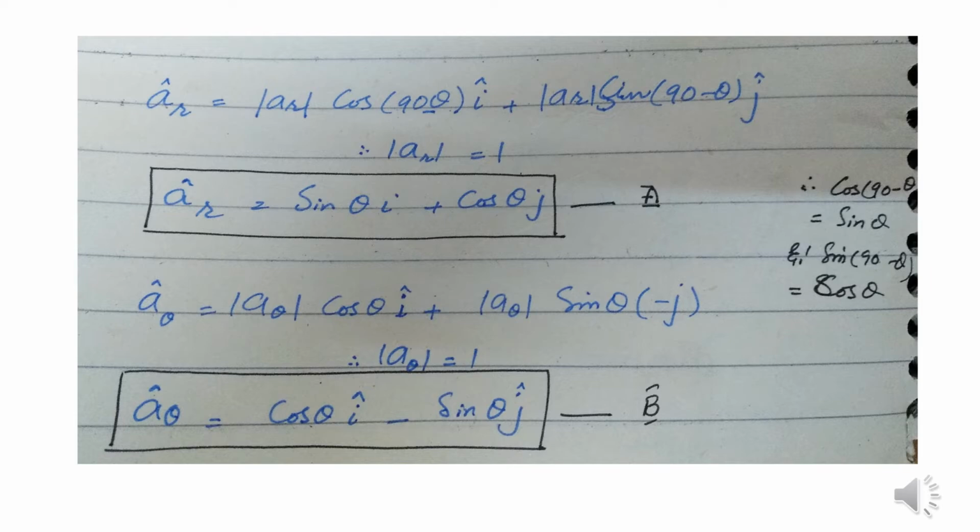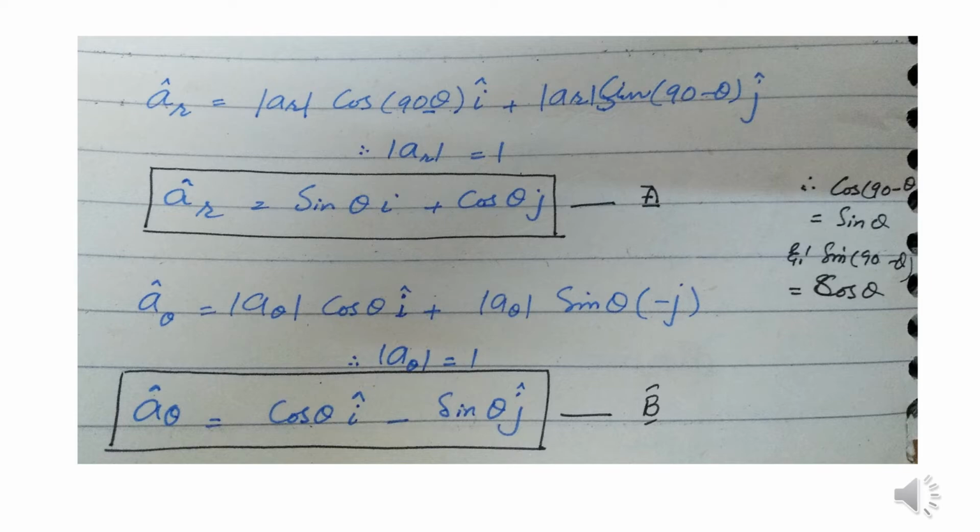is equal to mod of AR cos of 90 degree minus theta i cap plus mod of AR sin 90 degree minus theta j cap.